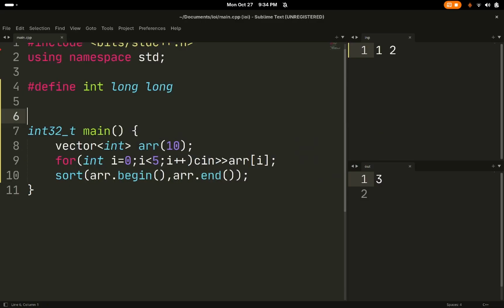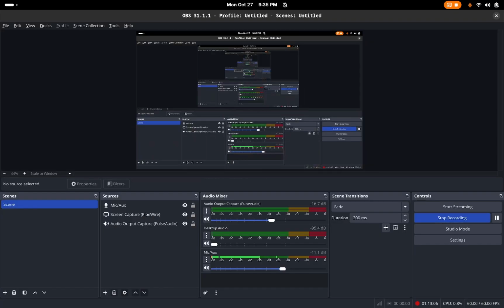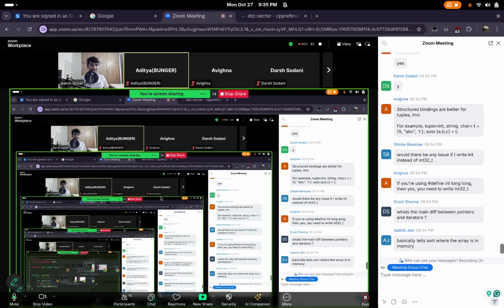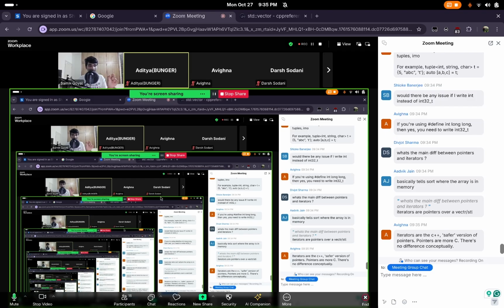So if I was instead using an int array, I could just write this as array and array plus 10. Does anyone here know what array means? Like if I have an array and I'm just writing the array instead of writing the square brackets.